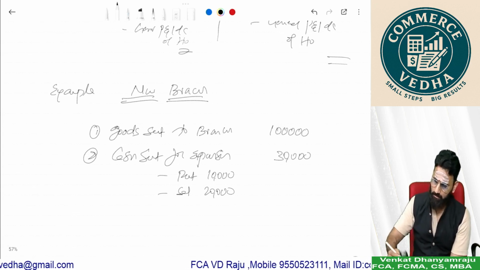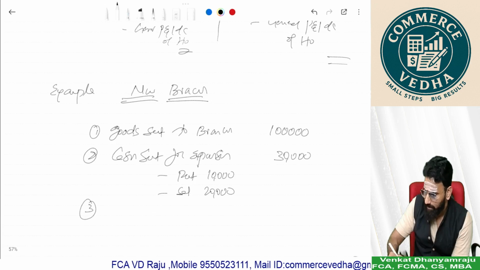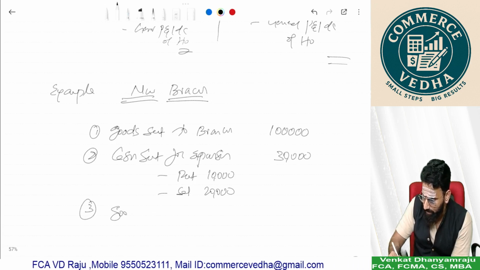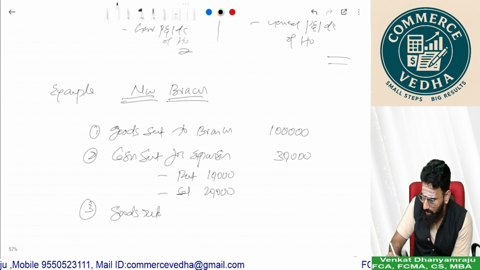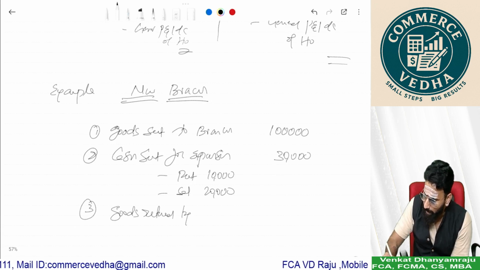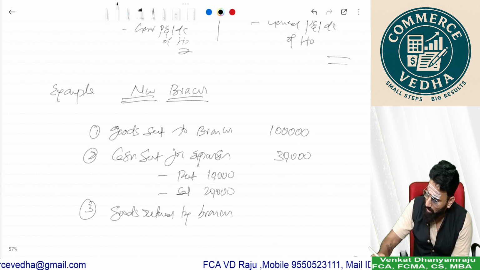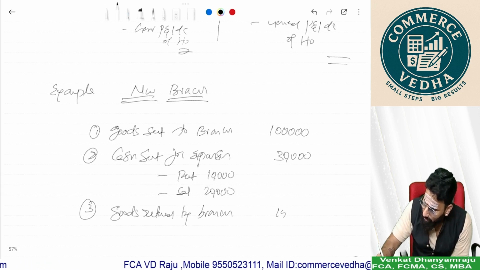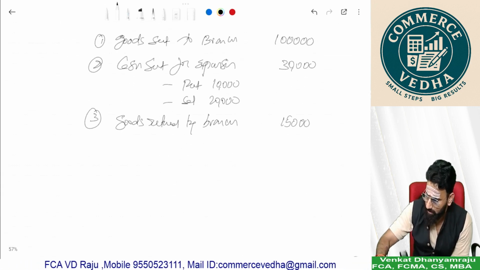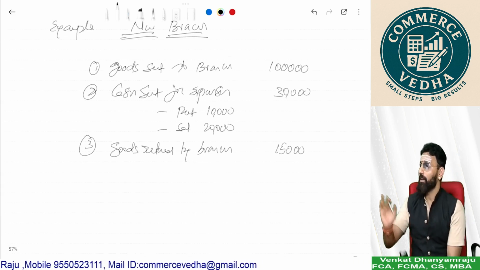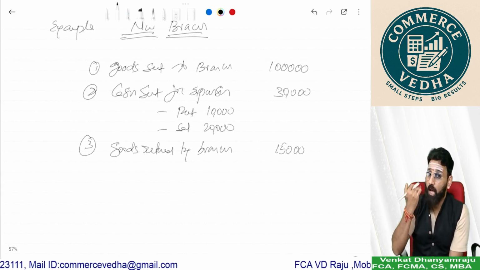And then number 3, returns, goods returned by branch. Assume say 15,000. I'm giving you tentative figures to see how it works.